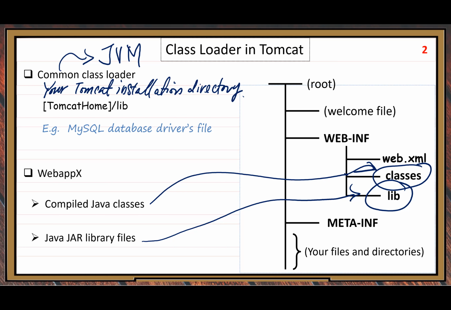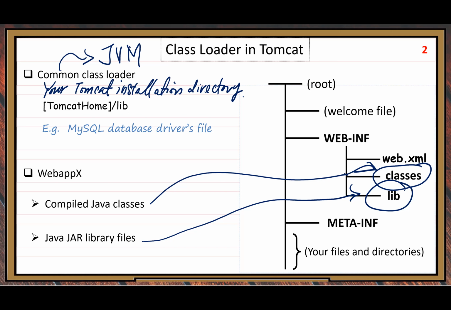So you put them there. As I said, rarely used Java web app library files should not be put in the common class loader location. Then you should put them in this location, the WEB-INF/lib folder.